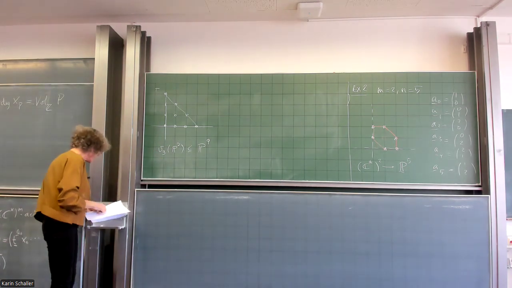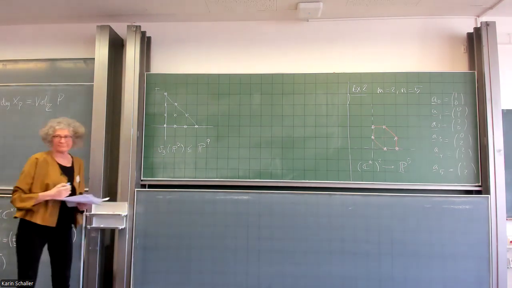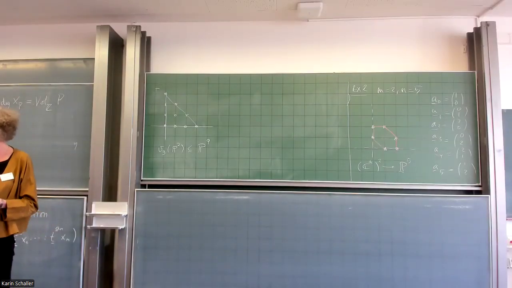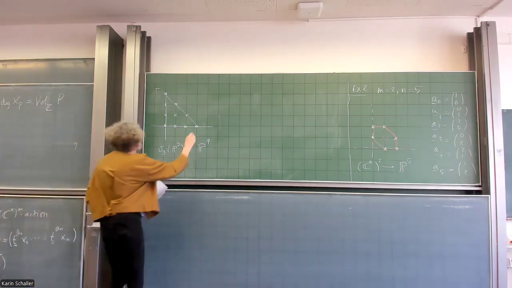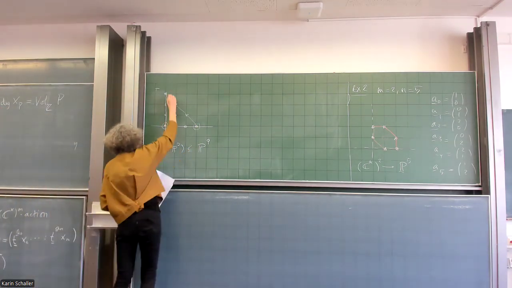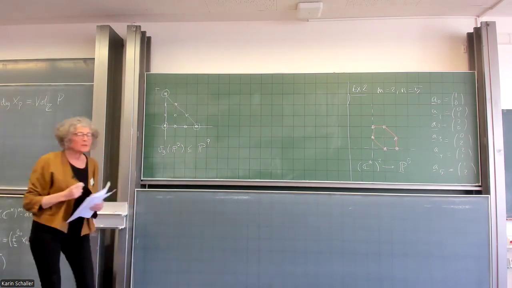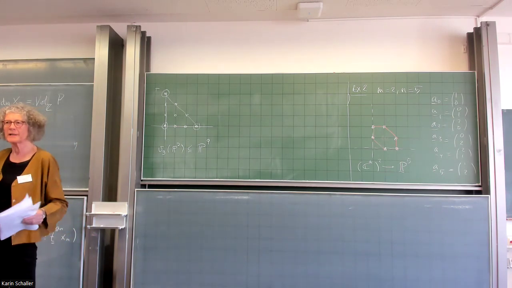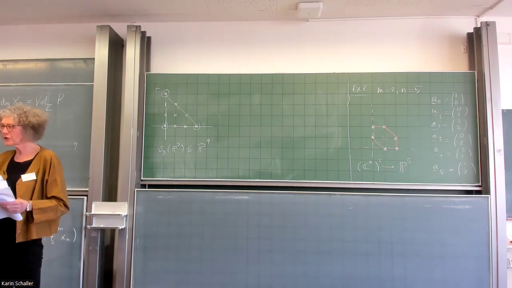Now, what can you do with it? You have a surface, you can project, but this time you can remove vertices. And this corresponds to blowing up the point. I'm not going to go into that, but that's in this dictionary we have.